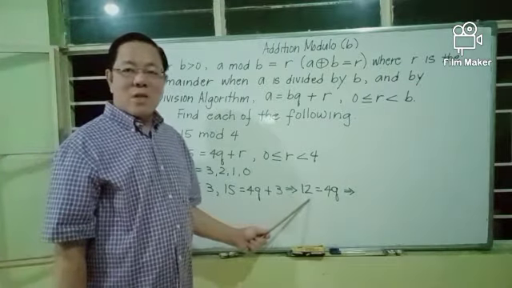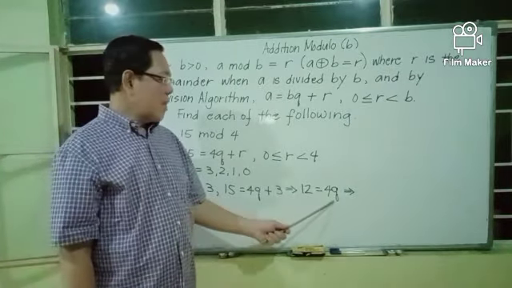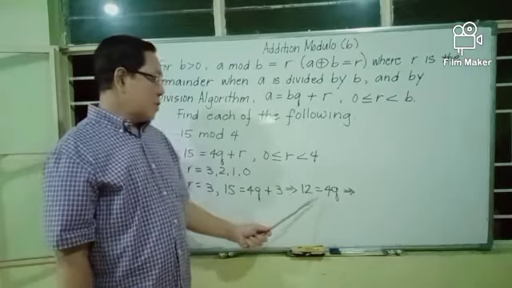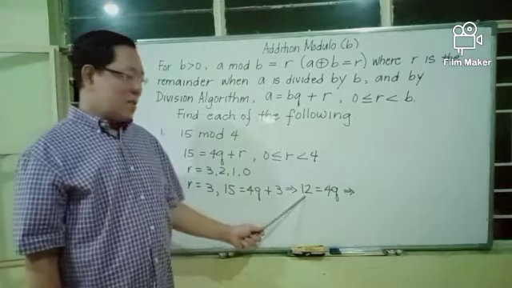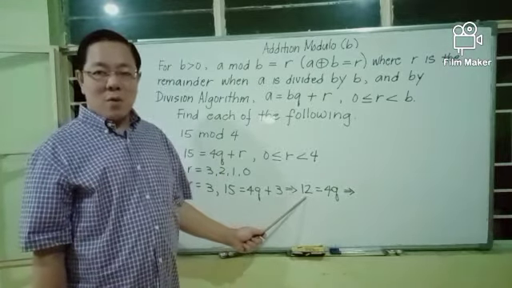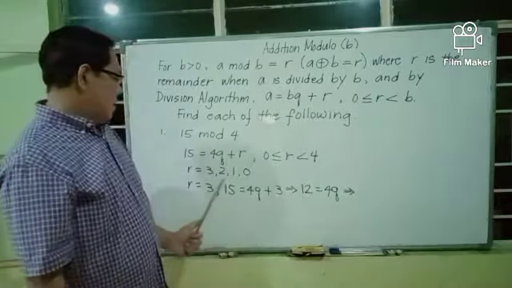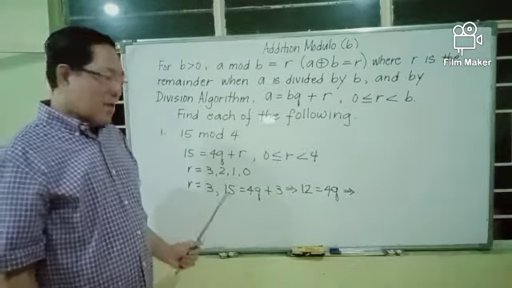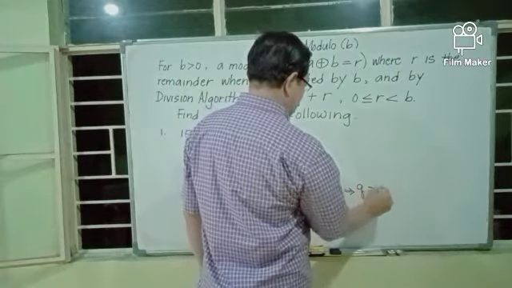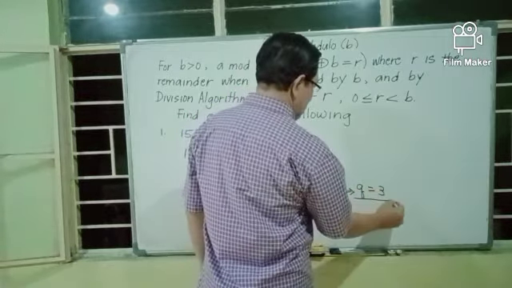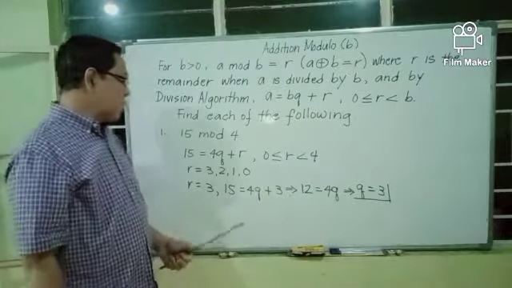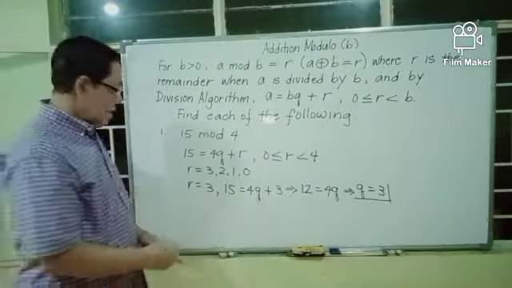And we solve for q by dividing both sides by 4. 4q divided by 4 is q. 12 divided by 4 is 3. Therefore, the quotient q is 3 when the remainder is 3. And that is one possible value of q when the remainder is 3.